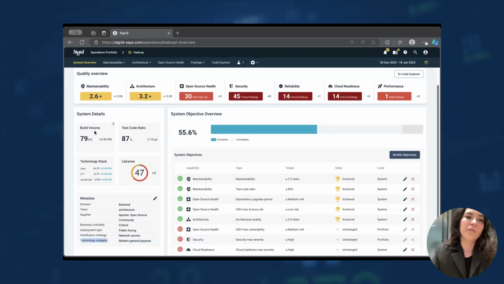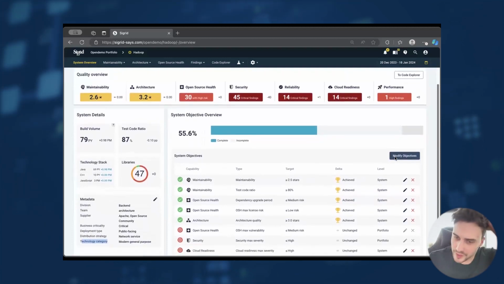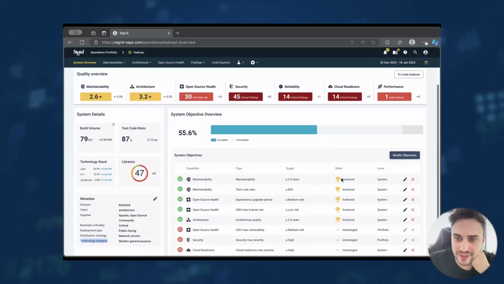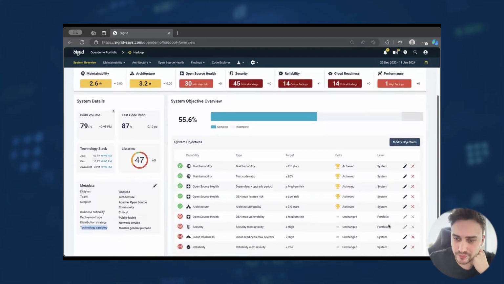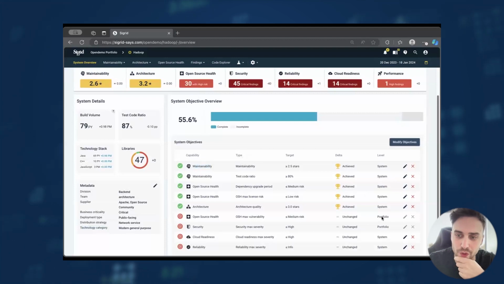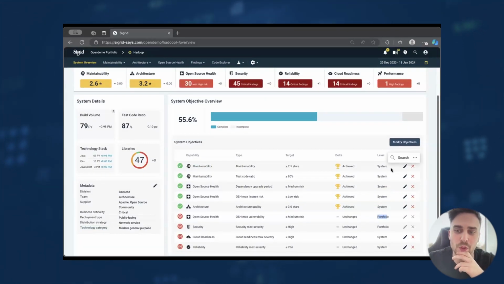to your system. Maybe also good to know, if you are setting system level objectives, then on the same category and it overlaps with the portfolio objective, then the system level objective overrides the portfolio level objective.